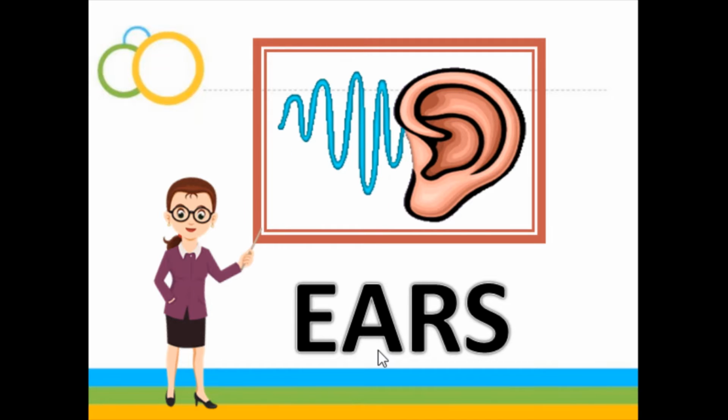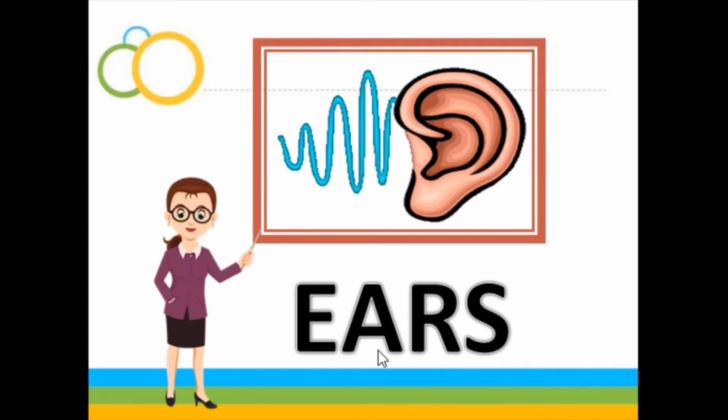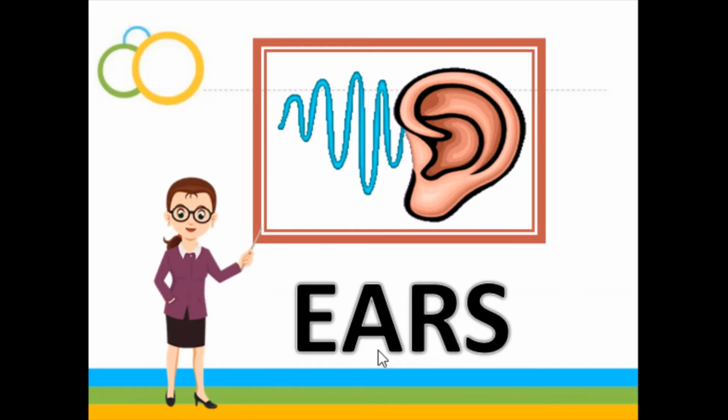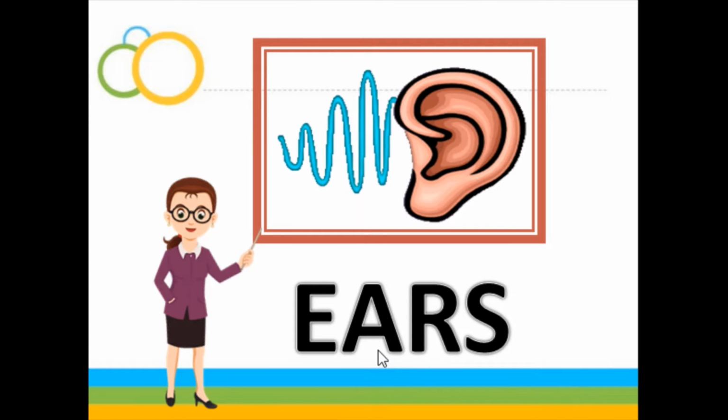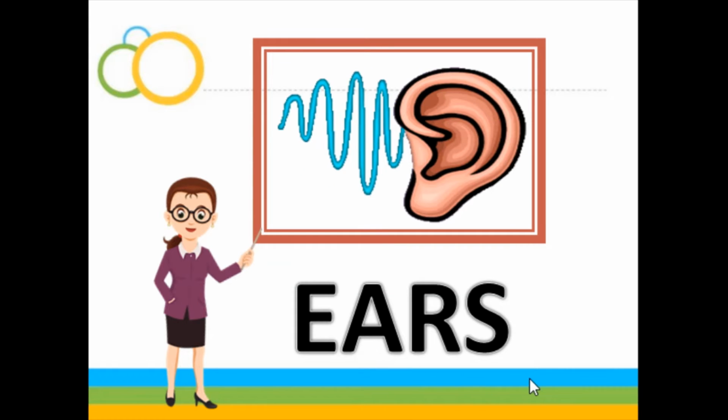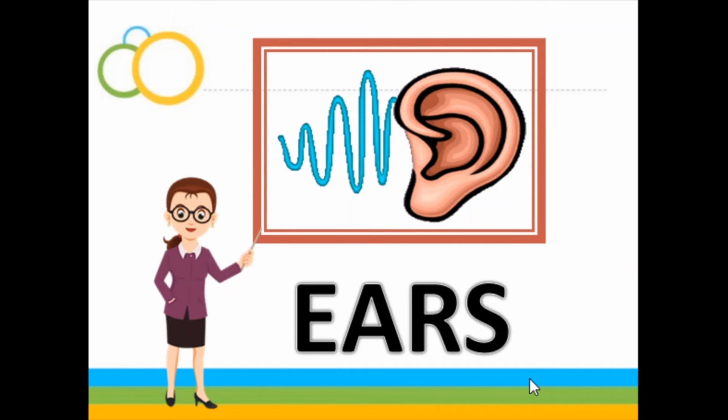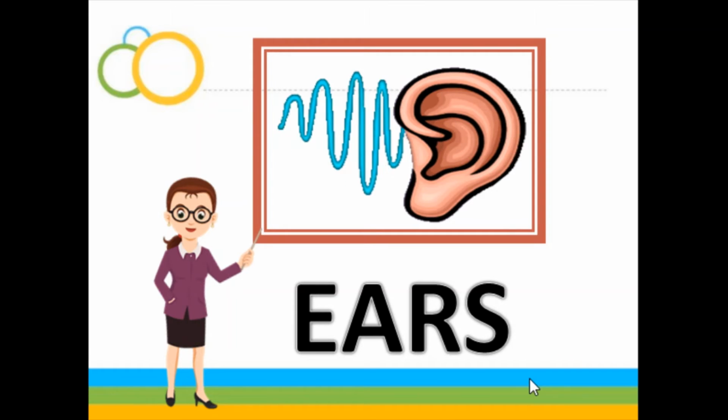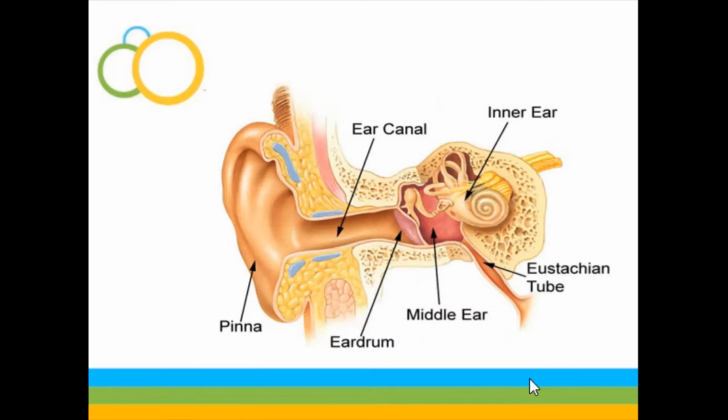We learned about the parts of our ears, its functions, and things that we must do in order to take care of them. Let's take a look one by one on the different parts of our ears. This is how our ear looks from the outside going to the inside.